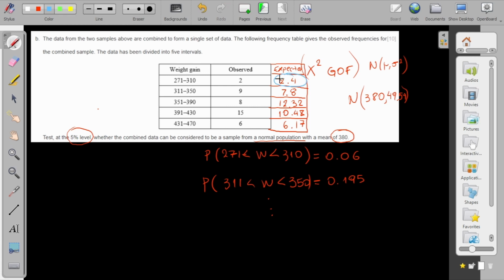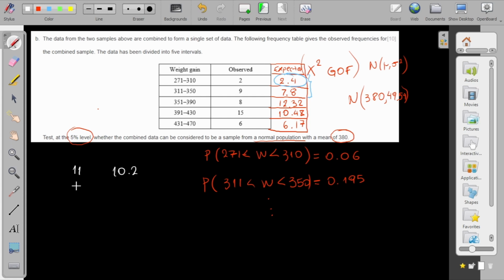And yes, there is one value. Be careful, this is a point where many students forget. So this is 2.4, so I will combine the adjacent rows or columns. These two columns will be merged, so my new table will be 2 plus 9 is 11, and the expected is 10.2.